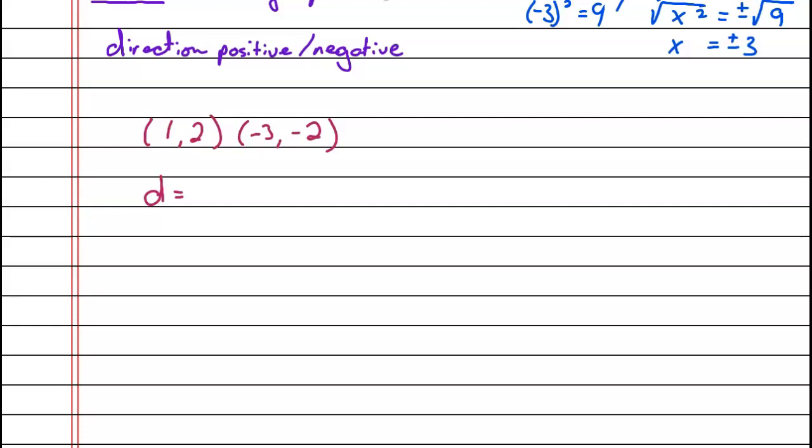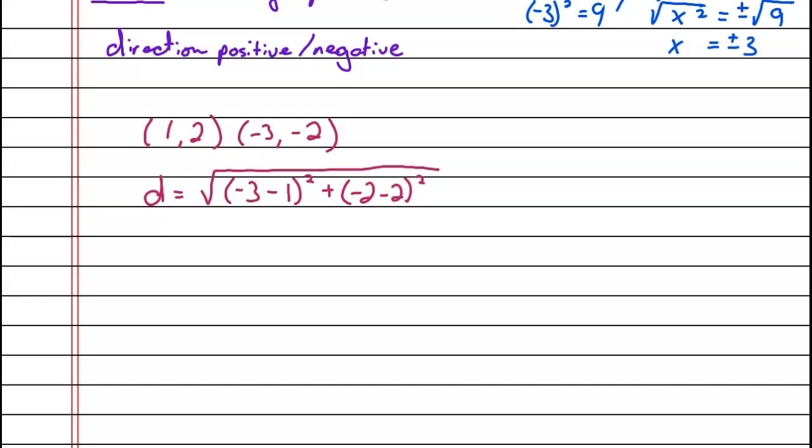When you're working these problems out, a couple of things. Go ahead and put down the original problem. So, in other words, go ahead and put your x2 minus your x1 squared plus your y2 minus your y1 squared, and you're taking the square root of it.